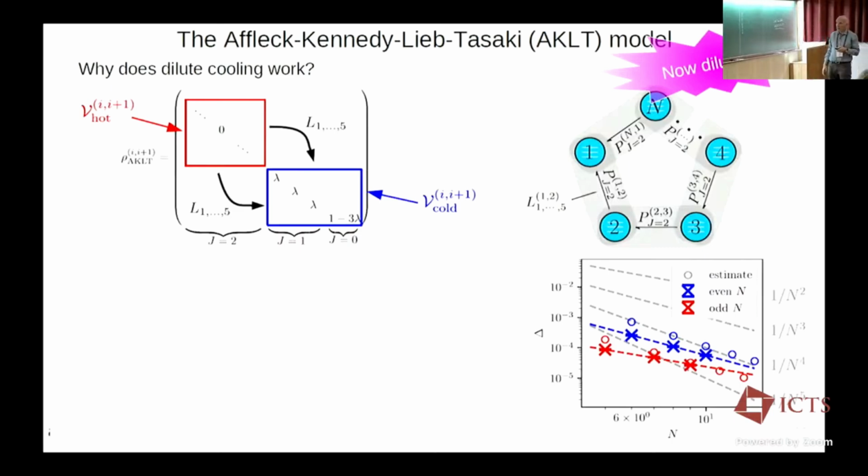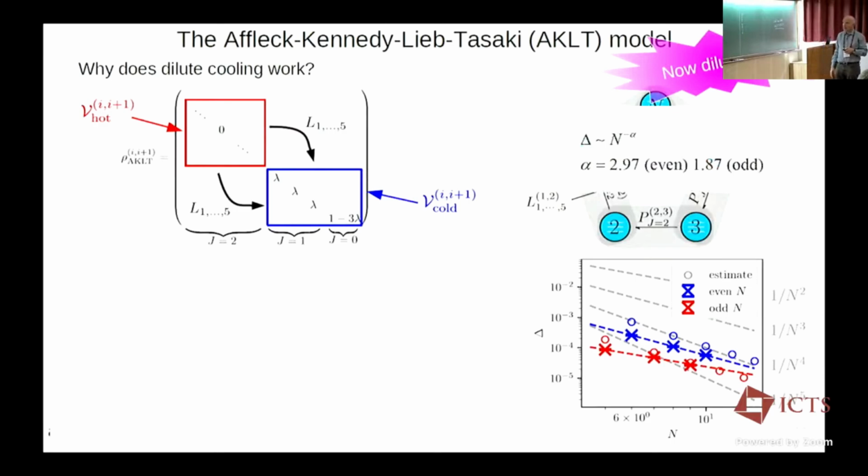The good news here is that it turns out that the scaling of delta with the size of the system is not exponential, it's power law, and the power law differs between whether I have an even or an odd number.